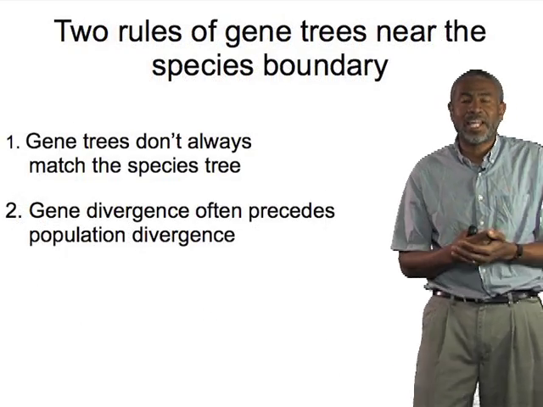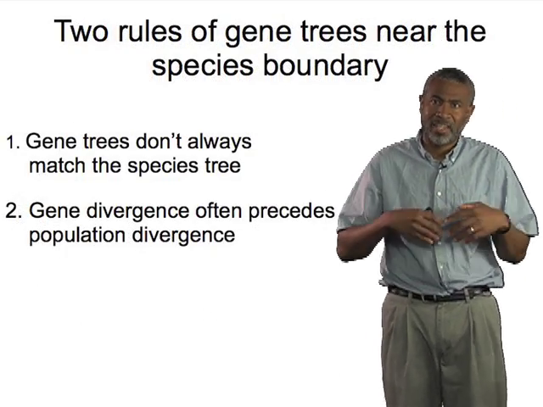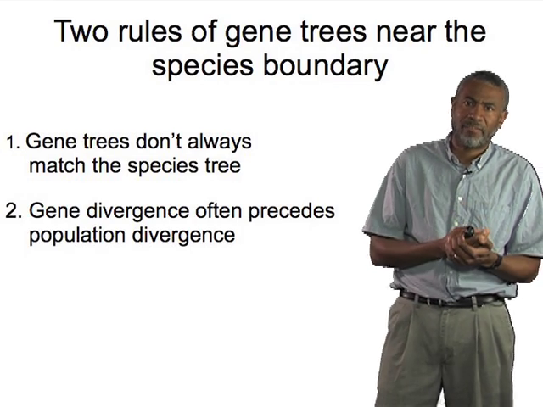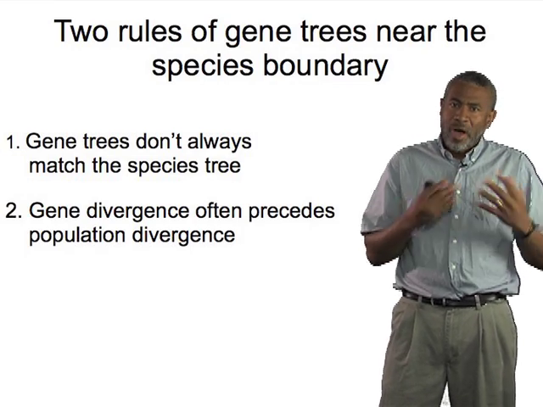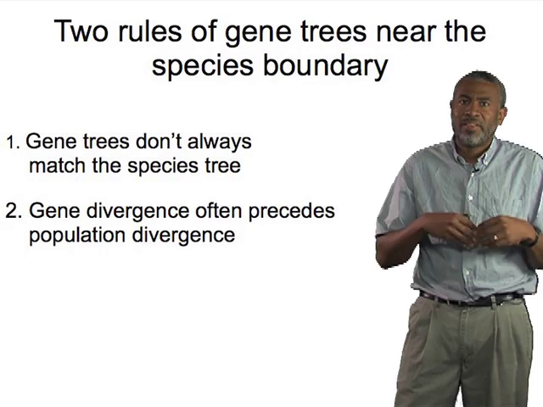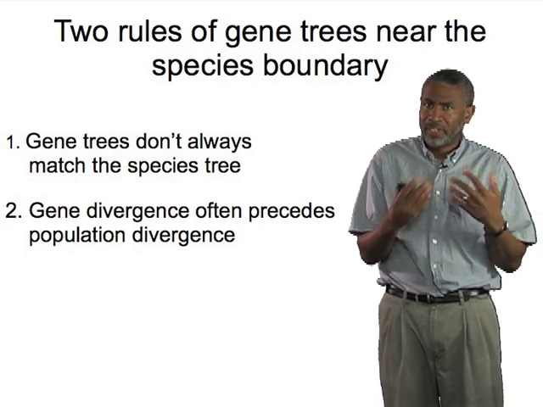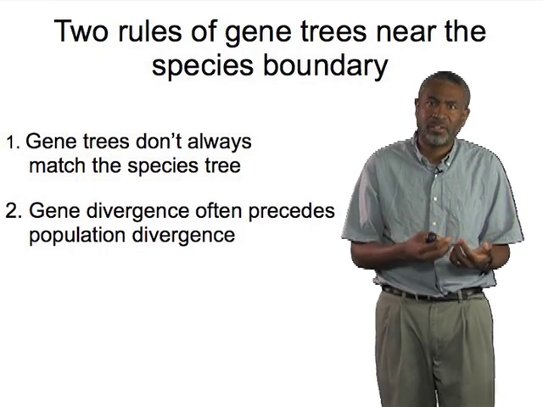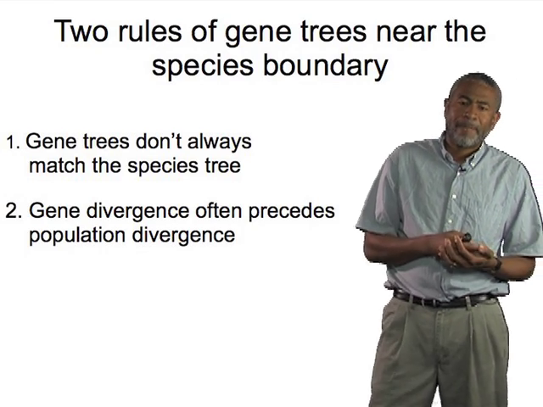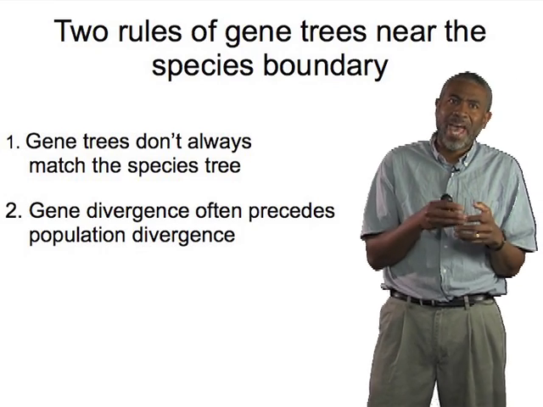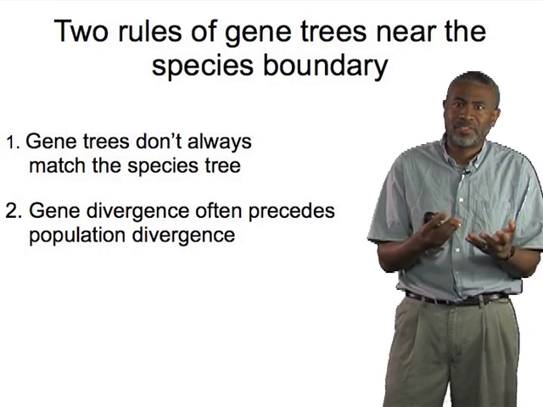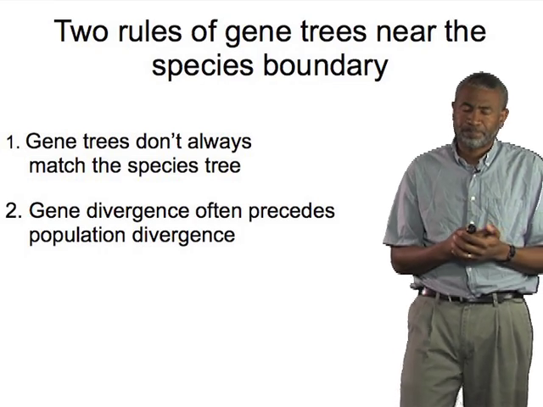Okay, let's talk now a bit about gene trees and another way of looking at genetic variation. One thing we're going to see is that the gene tree is a measure of the relatedness of alleles to each other. We've seen that in some of the earlier slides. And two interesting patterns emerged from decades of studies of gene trees.